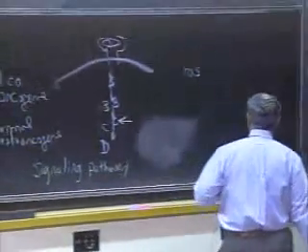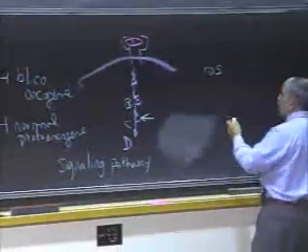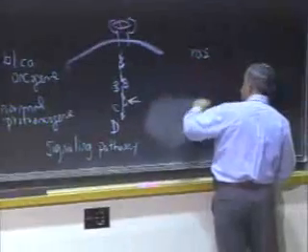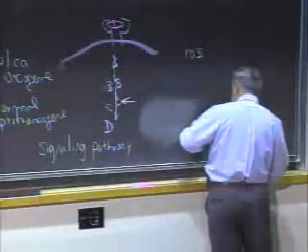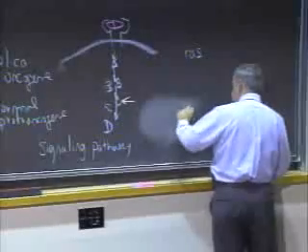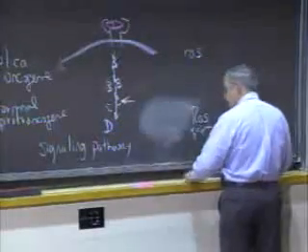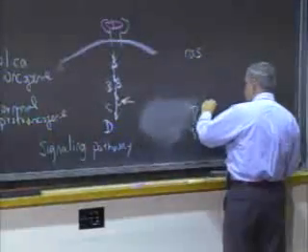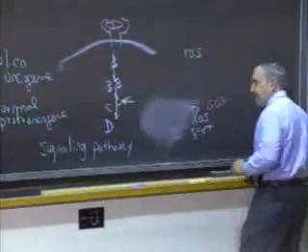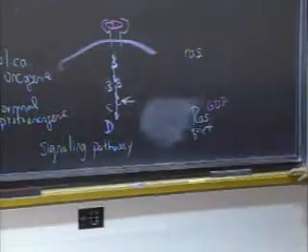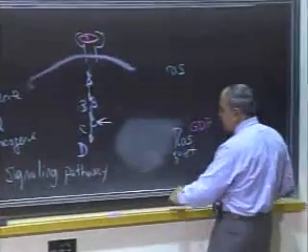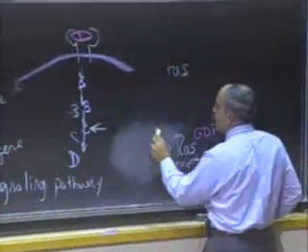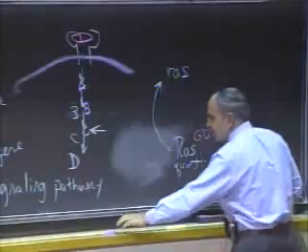So RAS has the following normal lifestyle. RAS normally exists in a quiet, inactive state, where it binds. So here's RAS, and while it's in the quiet state, it binds GDP, guanosine diphosphate. What happens then is that RAS, on occasion, gets an incoming signal from some upstream activator.